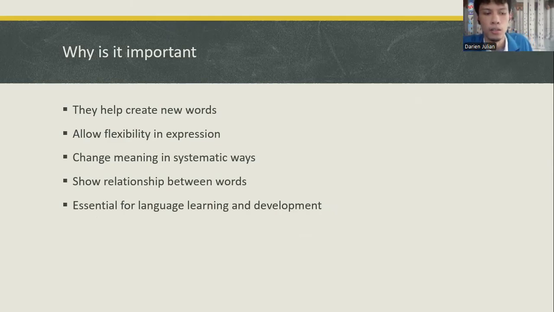The fourth is to show relationships between words. Derivational morphemes connect words with shared roots, revealing how ideas are related. The final is essential for language learning and development. For language learners, understanding derivational morphemes improves vocabulary growth, word recognition, spelling and pronunciation, and reading and writing skills.